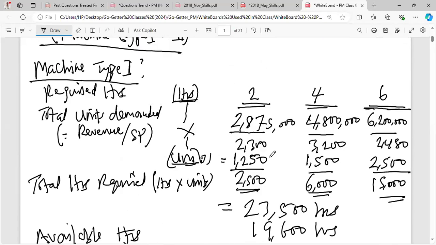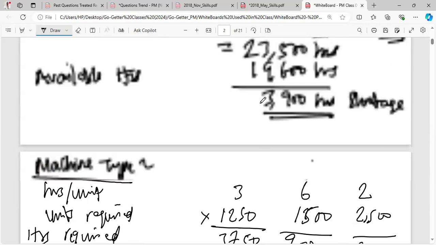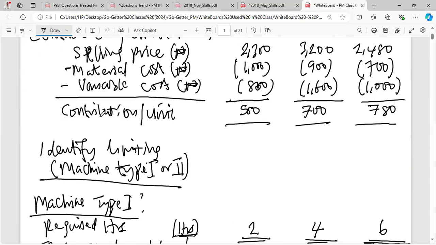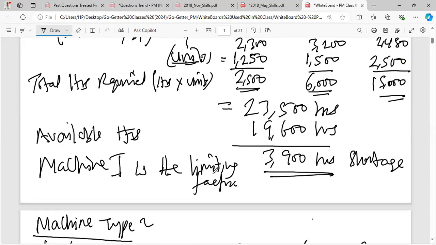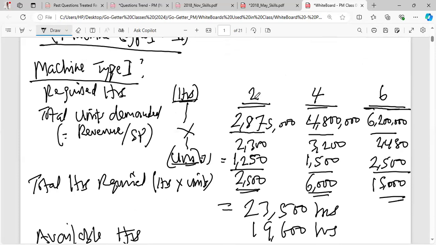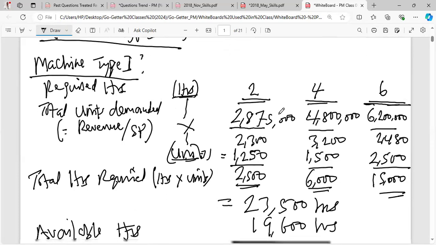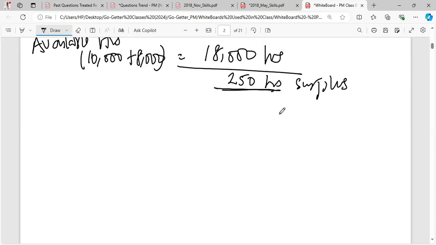All right. So the next thing to do is to calculate our contribution per limiting factor, because we've done contribution per unit. We have identified the machine hour as the limiting factor, and we already know the limiting factor per unit: 2, 4, and 6. So we need to do contribution per limiting factor. What are the names of the products?